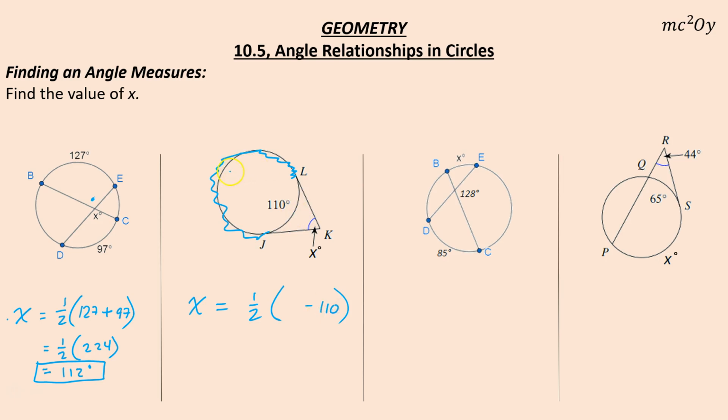Well, the big is, well, that's 360 minus that 110. 360 in a circle, and then we subtract out the 110 we know. 360 minus 110 is, well, that's 250 degrees. Okay, so this arc they don't label is 250. So x is 1/2 of 250 minus 110, or 1/2 of 140, which x then is 70.